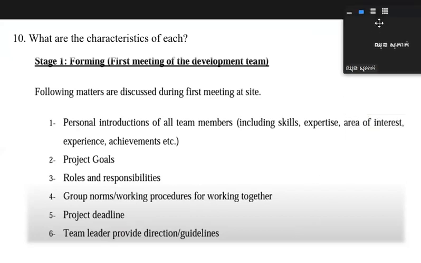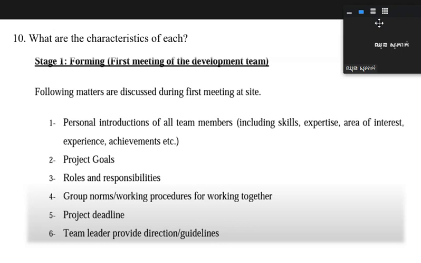The first, personal introductions of all team members, including skills, expertise, areas of interest, experience, achievements. And 2, project goals. And 3, roles and responsibilities.